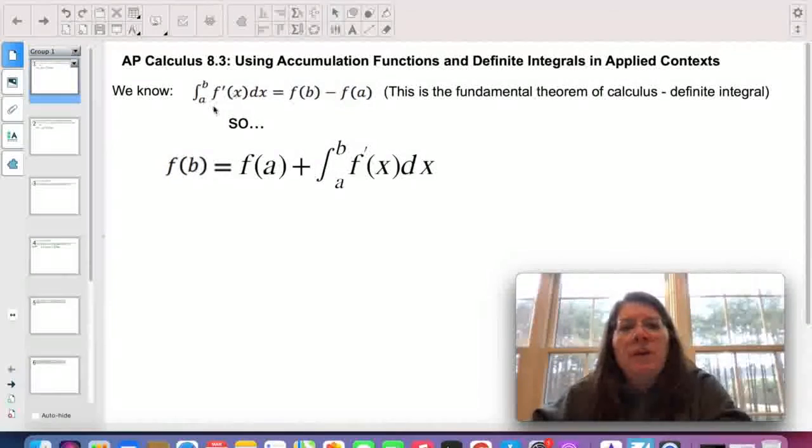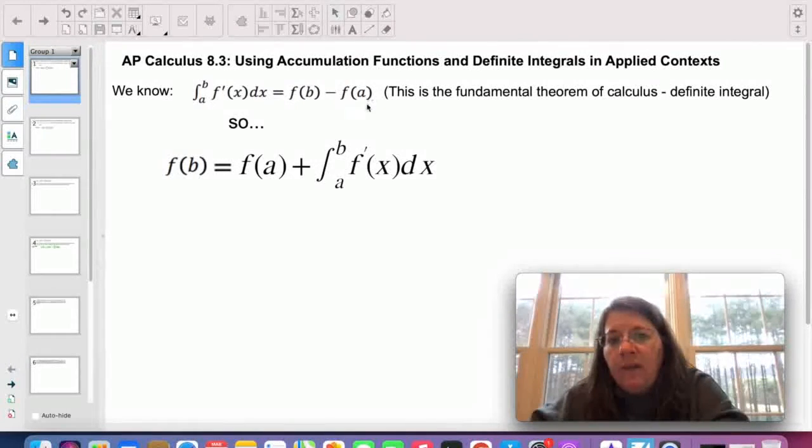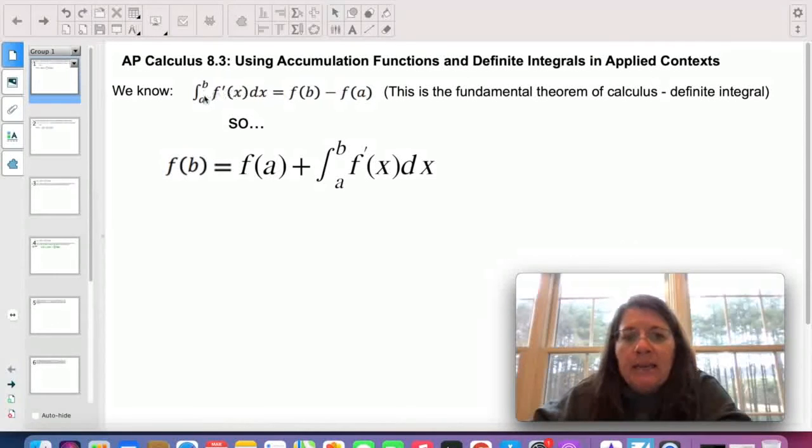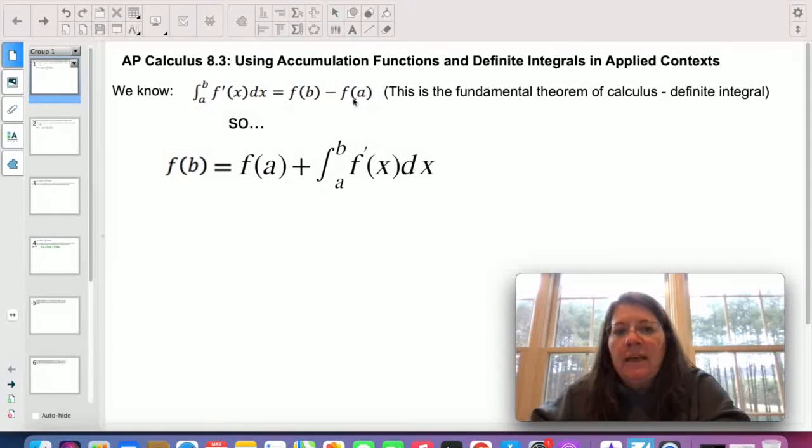If you think about that as the fundamental theorem of calculus and how you would solve definite integrals, then couldn't we, if we wanted to find the second endpoint and were given one of the other endpoints and the rate of change, just manipulate this equation and get the second endpoint alone on one side and these two together on the other side?